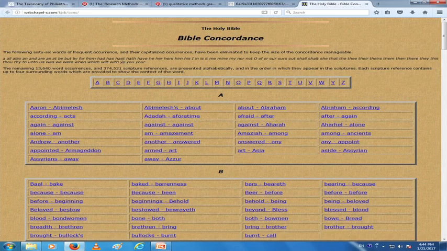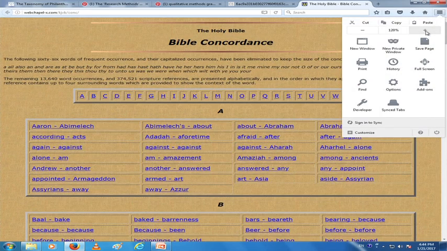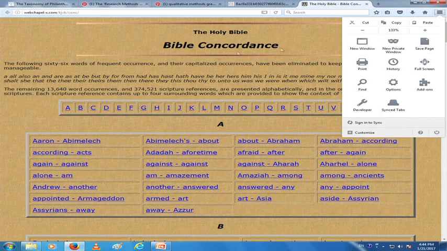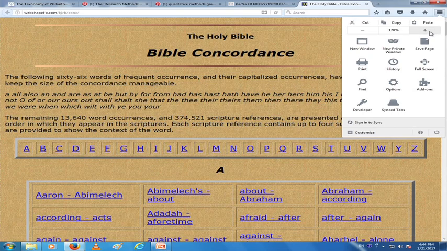So this is what the output looks like. Okay, Bible concordance. It's all in blue. The Holy Bible concordance, and they have come up with these words that appear in context.